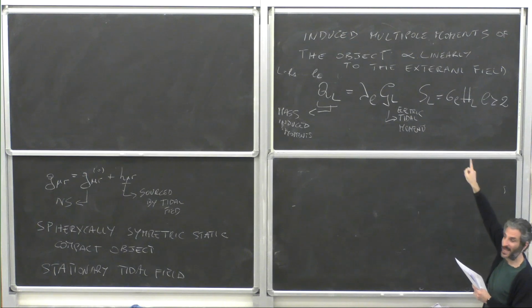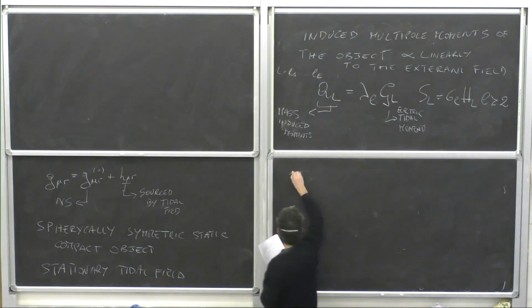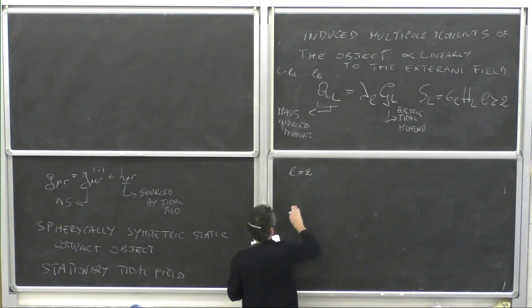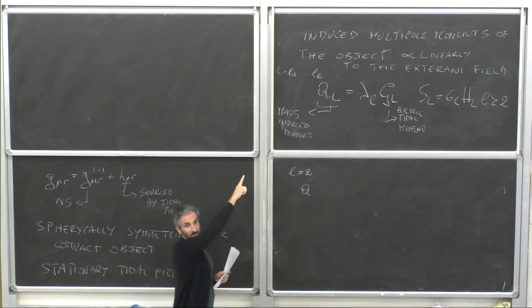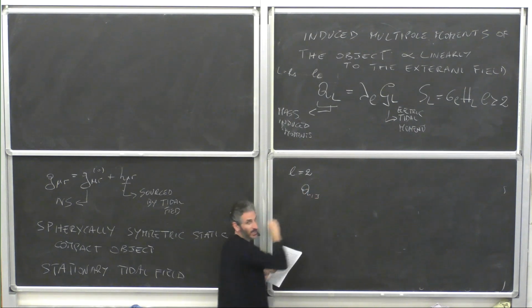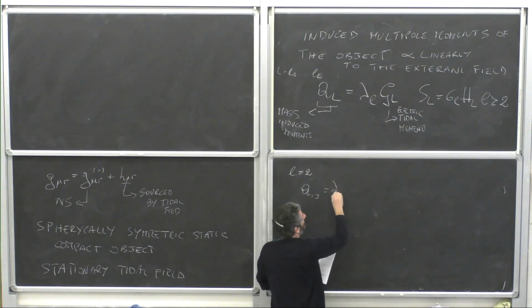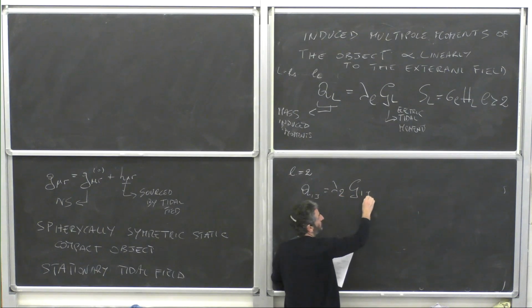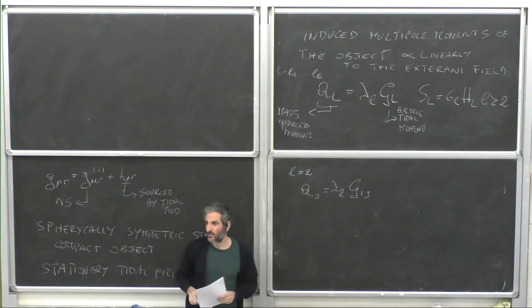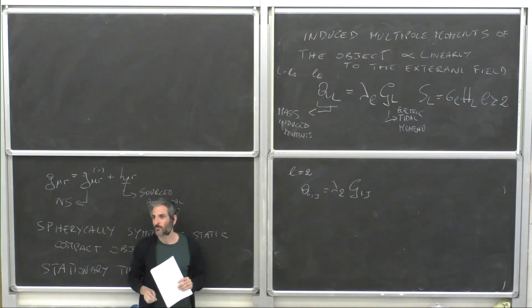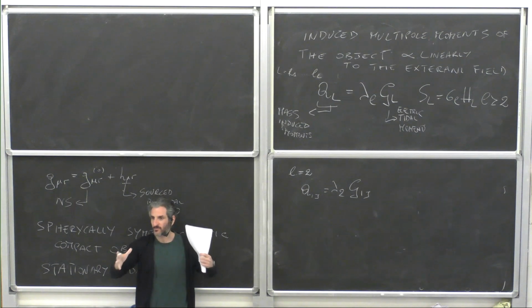Okay, when L equals 2, that thing there will become Q. There are two indices, so there will be Q_ij equal to lambda 2 G_ij. This corresponds to L equals 2, the quadrupolar deformation, the thing that deforms your spherical object into an ellipsoid.